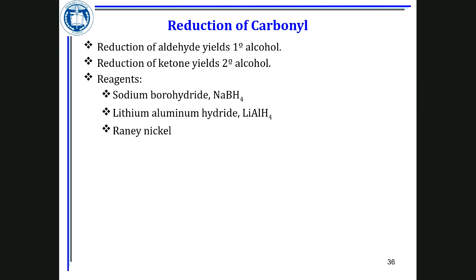Other methods for preparation of alcohol. Reduction of aldehyde would give you primary alcohol. Reduction of ketone would give you secondary alcohol. Now, when you say reduction, what does it mean?